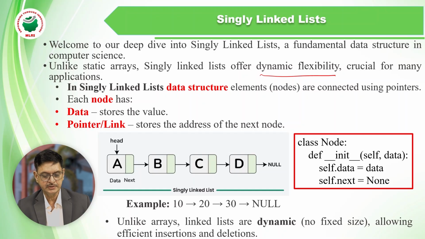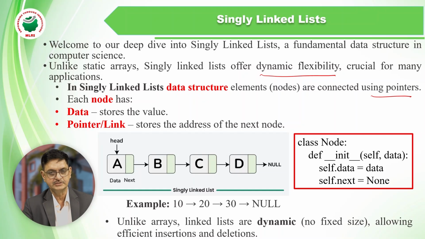So in the singly linked list data structure, elements are connected through pointers. That means each and every data item, instead of consecutive memory locations, is connected by links. Links means pointers from the previous data item to the next data item.